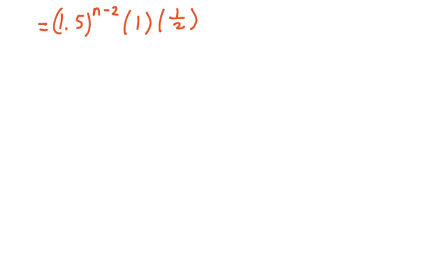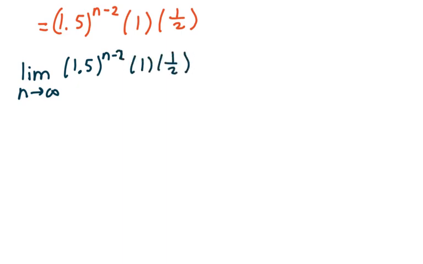Now, look at this. What is the limit as n goes to infinity of 1.5 to the n minus 2, right, times 1 times a half? Well, I claim that's going to be infinity.